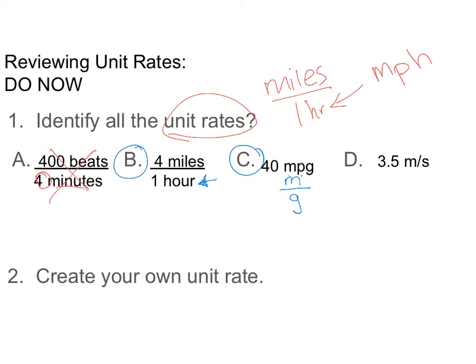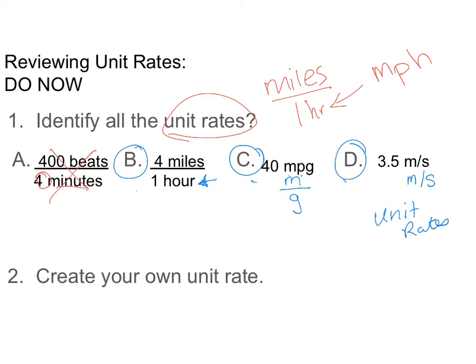And last, this is meters per second, or it could be miles per second, depending on what we're talking about here. So meters per second, is it for 1 second? Yes. All right, so all 3 of those, B, C, and D, they are unit rates.